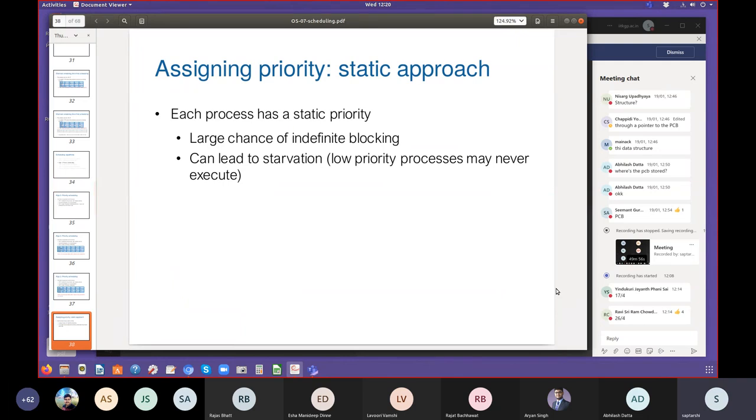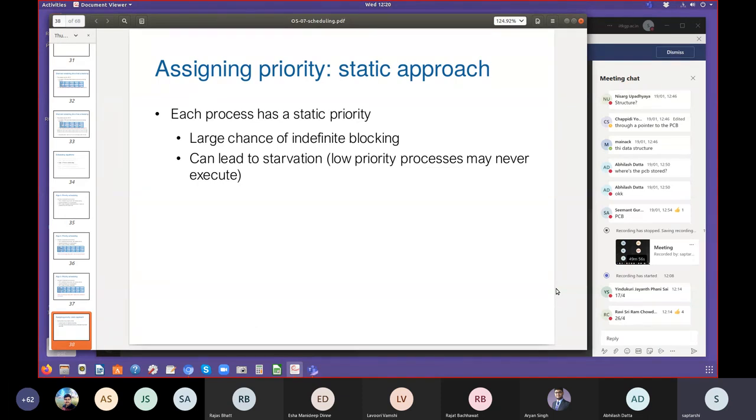Now, of course, the key question is how to assign priority. There are two broad approaches, a static approach and a dynamic approach. A static approach says that each process is assigned a priority right when the process comes, and that remains throughout the lifetime of the process. This technique is simple, but it has some disadvantages: there can be starvation or indefinite blocking.